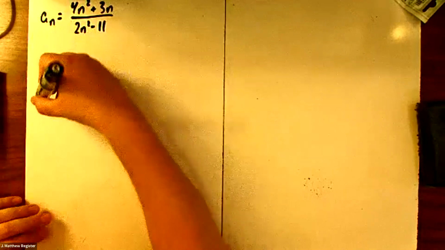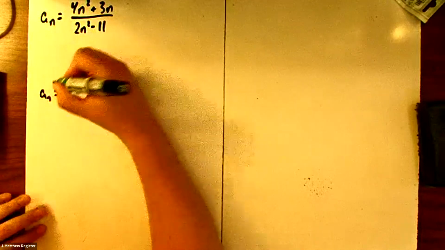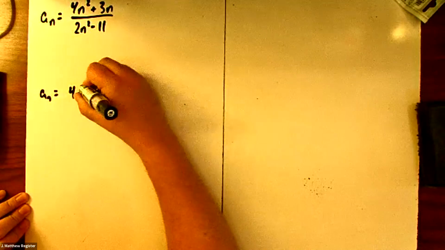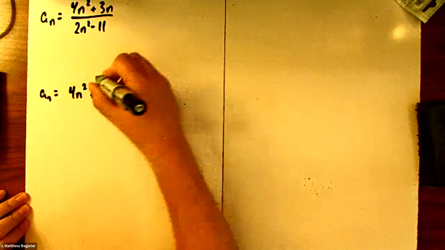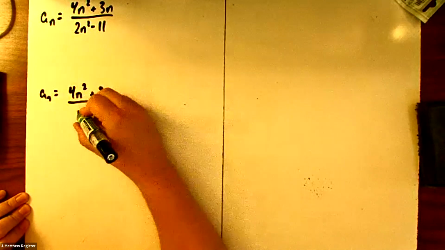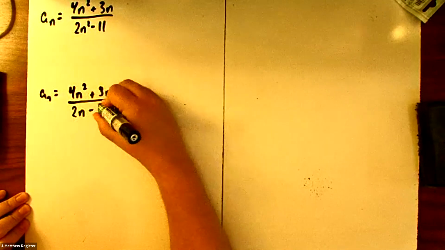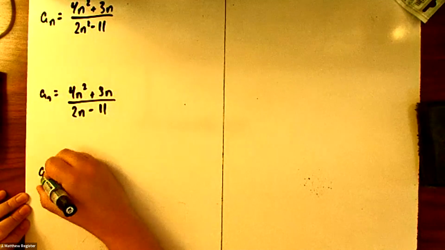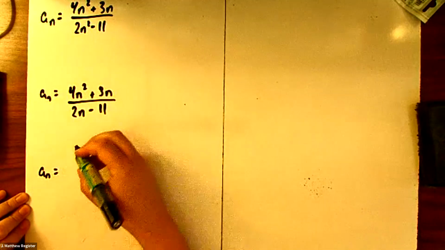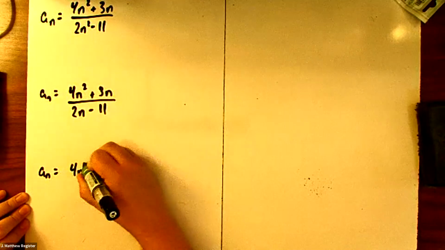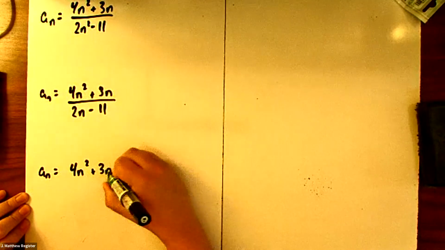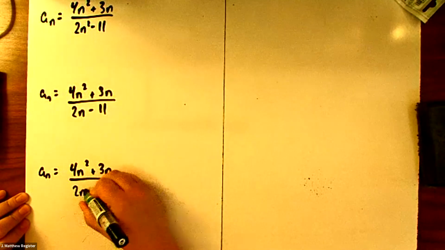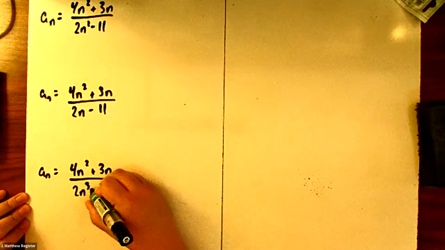The next one is a sub n equals 4n squared plus 3n over 2n minus 11. And the third one, a sub n is equal to 4n squared plus 3n over 2n cubed minus 11.